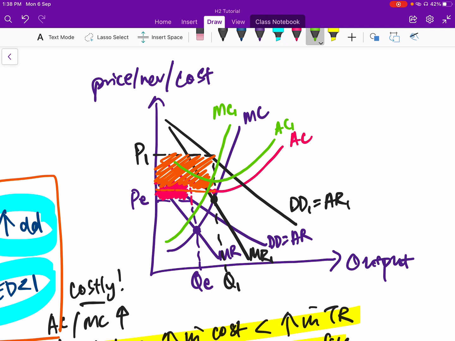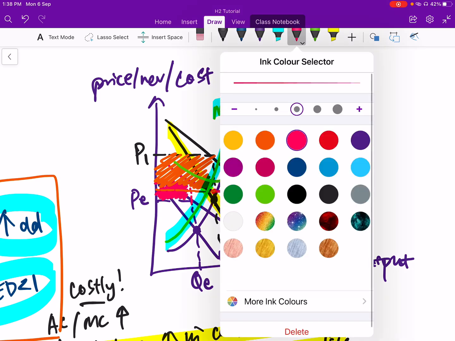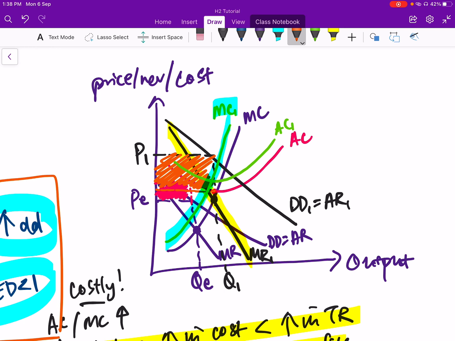So if we take a look at the diagram, we just focus on the black one. Okay, your MR curve is here, your new MC curve is this. Okay, so where they intersect, actually it is somewhere around, let's take a look at orange. Okay, so it's somewhere around this output. So we note down this is Q2.